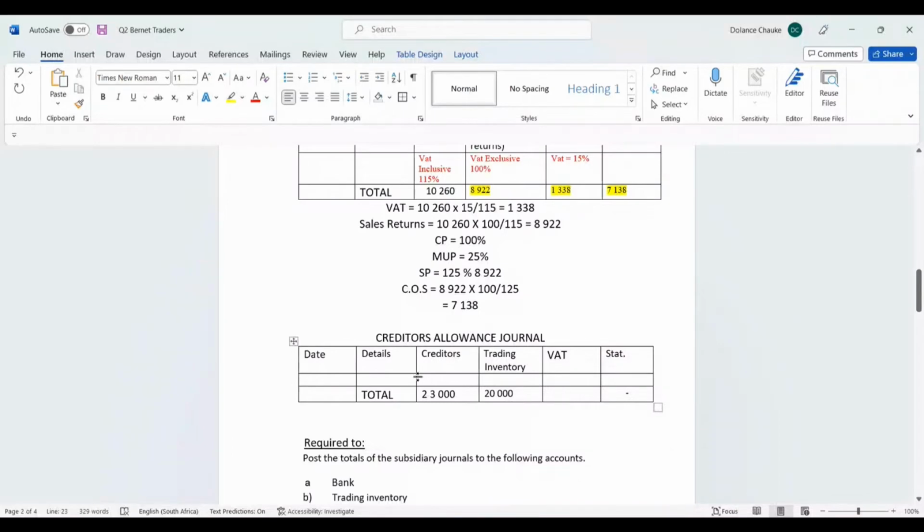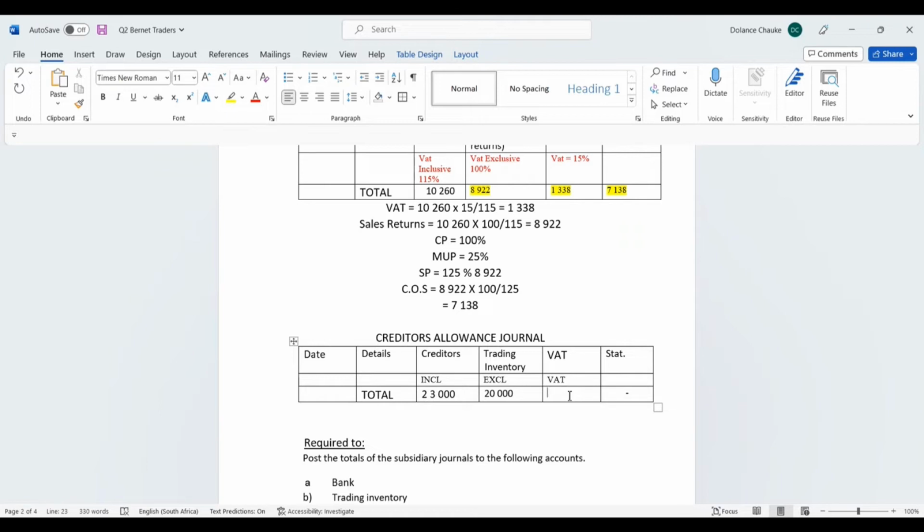Remember it's inclusive and exclusive of VAT, right? And then this is your VAT. So how much is your VAT there?